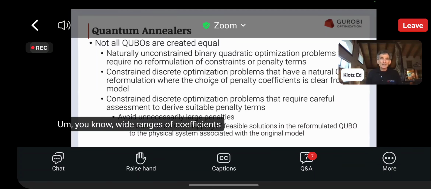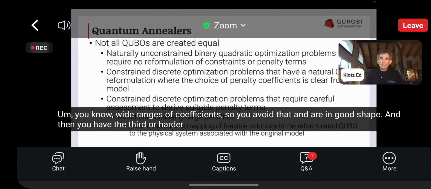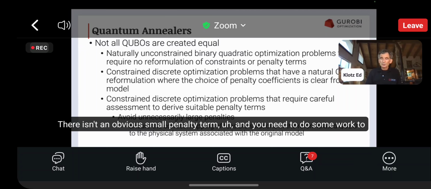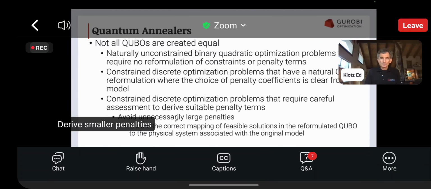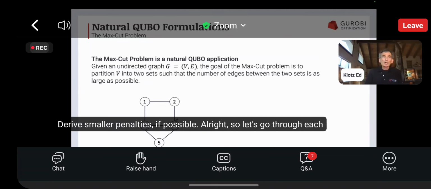So you avoid that and are in good shape. And then you have the third or harder category where there isn't an obvious small penalty term, and you need to do some work to try to derive smaller penalties if possible. All right, so let's go through each category.